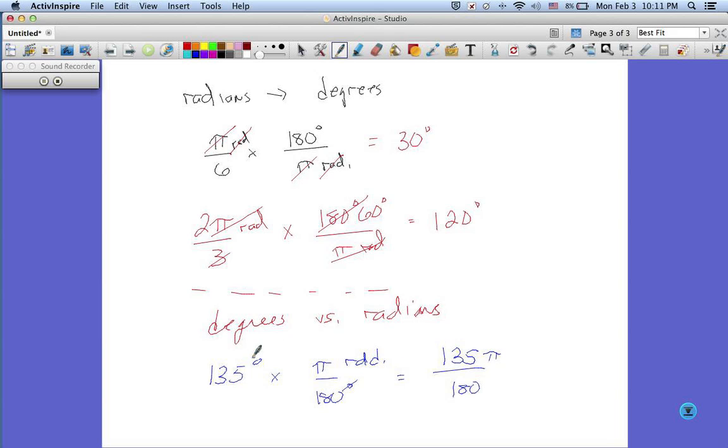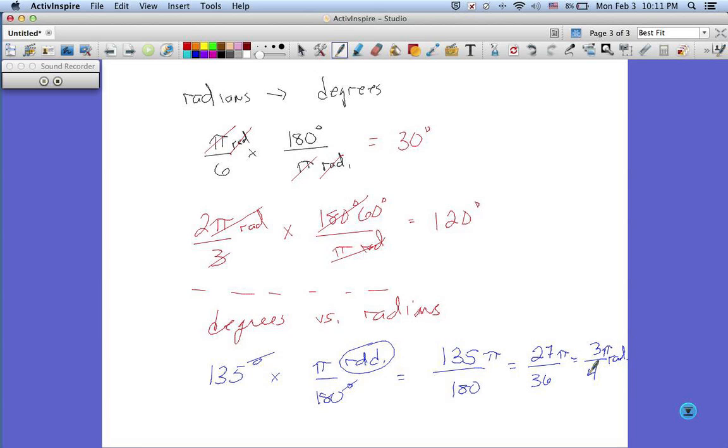Degrees cross out, so I'm left with the unit of radians, and 135 over 180, certainly a 5 goes into them. So that gives me 27 over 36 times pi. And now we're down to some more comfortable numbers. They did both divide by 9, so we're at 3 pi over 4 radians.